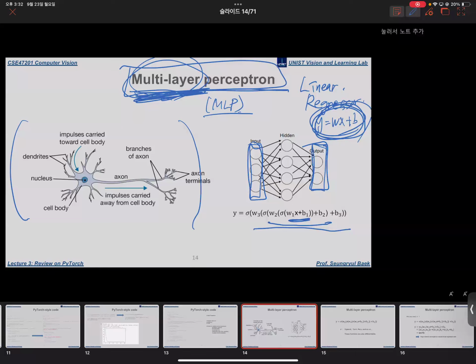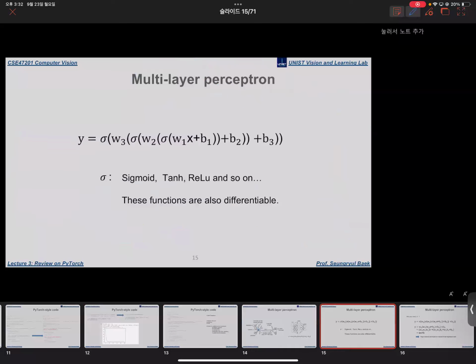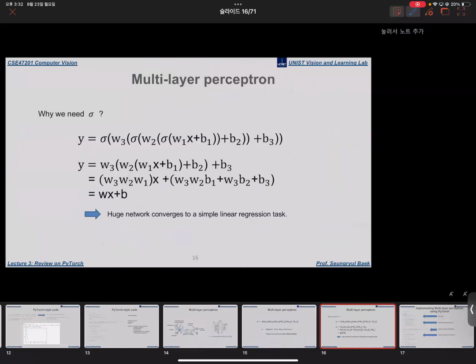It is inspired by the human brain. Each linear operation looks like a neuron inside the human brain, and we combine them to represent the final output. So anyway, these MLP layers are inspired by the human brain. And in the middle of the MLP, we always have to have some activation layer, as I mentioned previously.